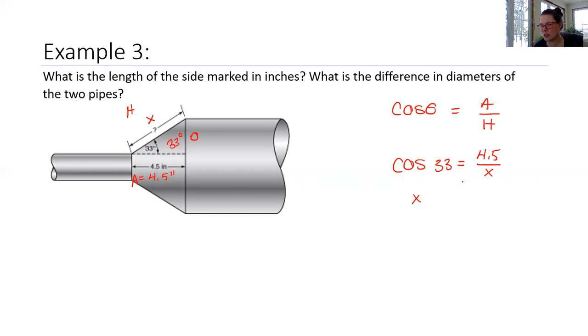And this is one of those ones that flips. So x is equal to 4.5 divided by the cosine of 33. Putting that in your calculator, hopefully you can solve that at this point, you will find that the side is 5.36, or approximately 5 degrees.